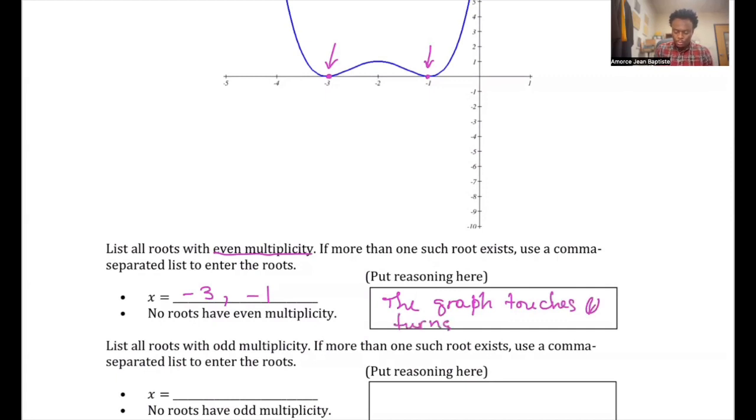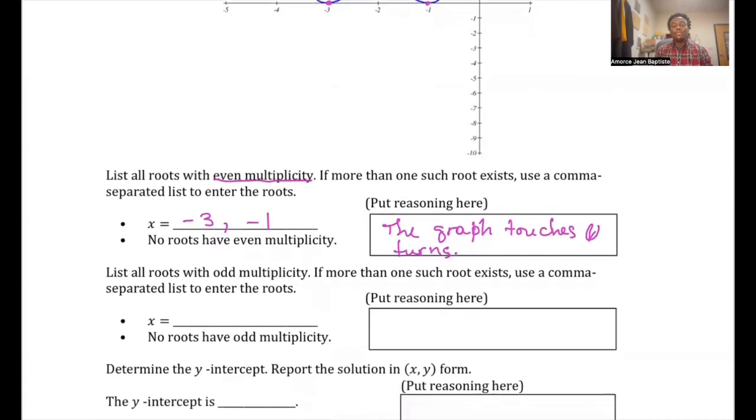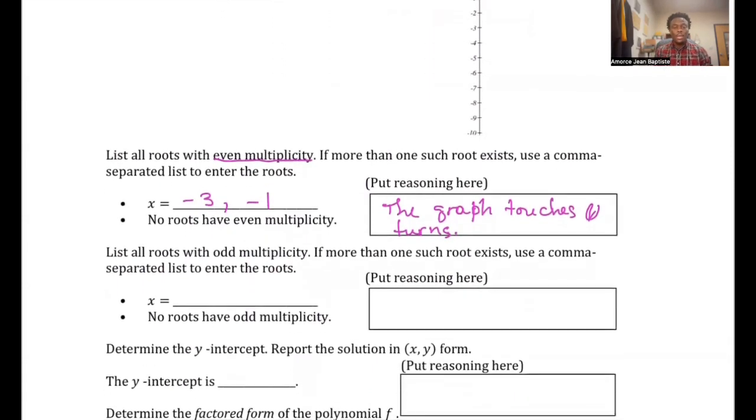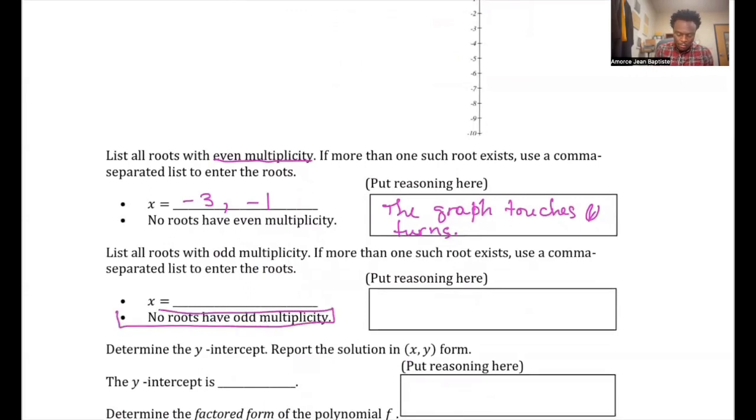Well, we have no other zeros, so there are no zeros for which the graph crosses. So no zeros of odd multiplicity.